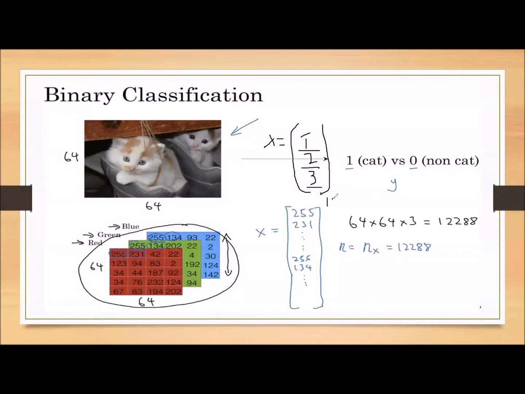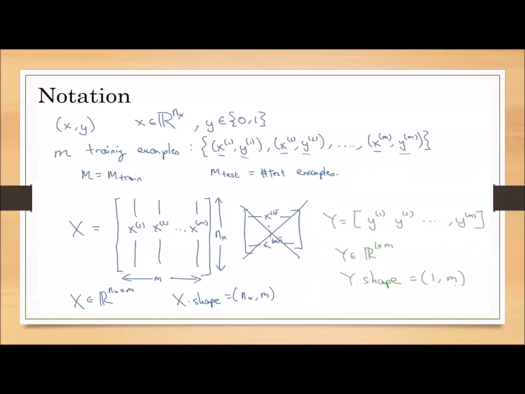If you remember, in machine learning, we have discussed that we take each value as one feature. Now, how many features are there here? 12,288 features are there. Because there are 12,288 features, we have to consider 12,288 parameters to design the model, that we will discuss later.